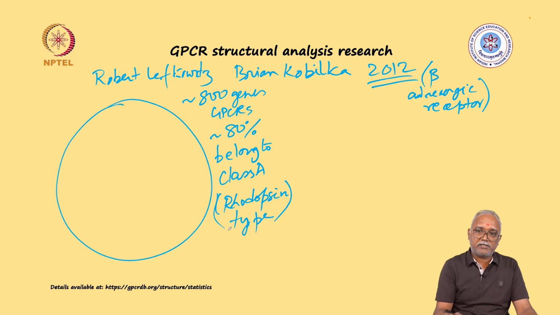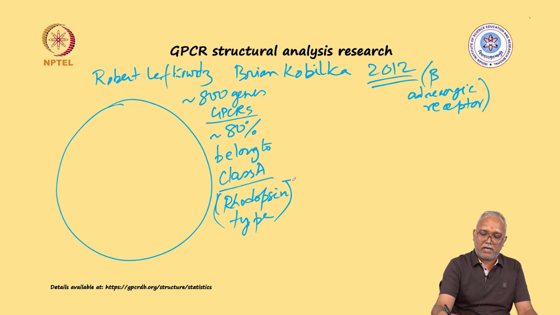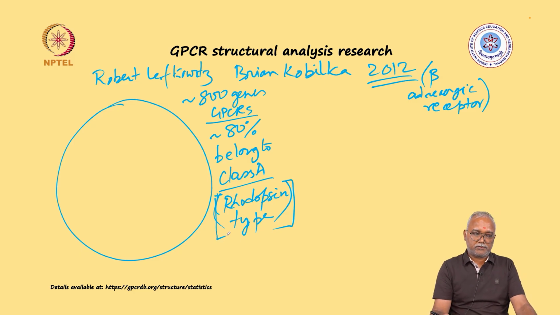So almost 80% of the genes coding for GPCRs belong to class A, and thus are structurally similar to rhodopsin type receptors.